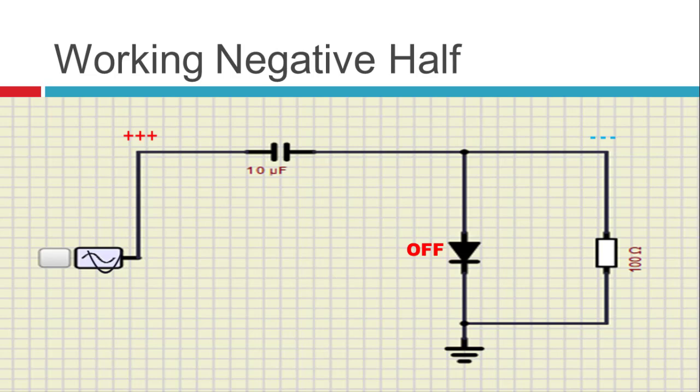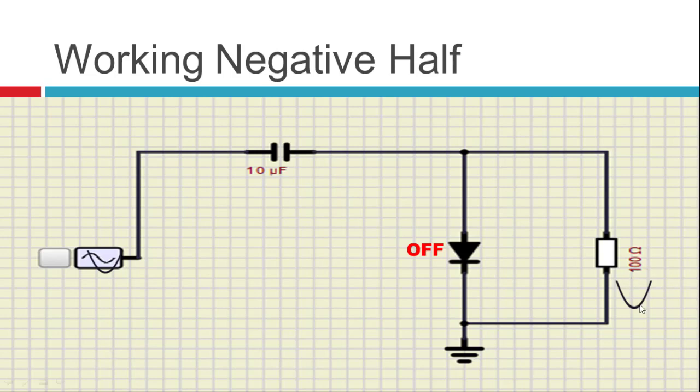These charges stored previously in the capacitor add some negative DC voltage, so the output will also contain some negative DC component. Therefore, as we can see, this wave comes down.